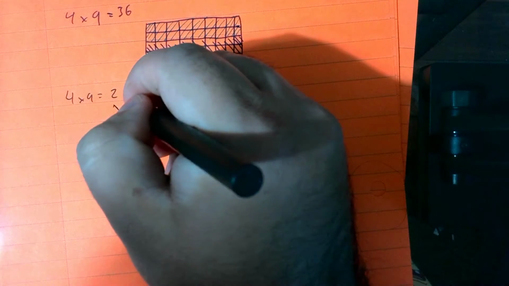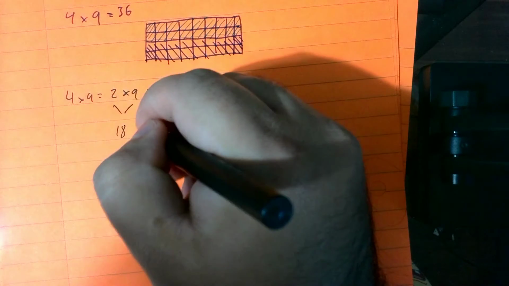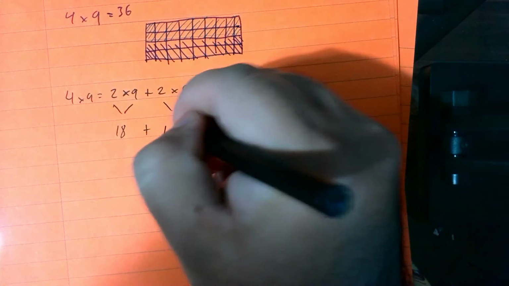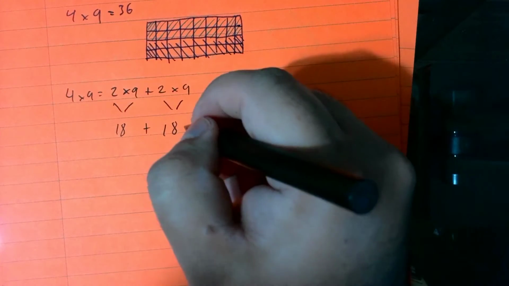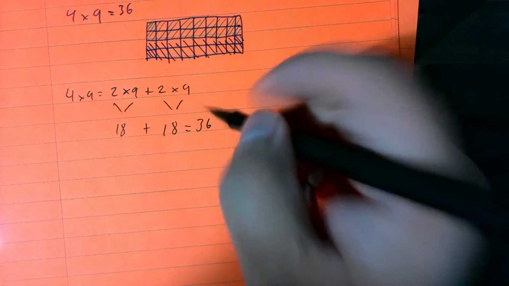It works really good with 4. Even with 6, let's say you know your 3s really good and you can decompose 6 into 2 and 3. It's a little bit more complicated. 4 lends itself the best to this. And so you know that 2 times 9, count it up real quick, you get 18 plus 18, which will also give you 36.